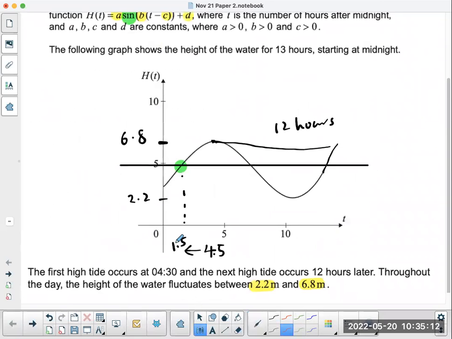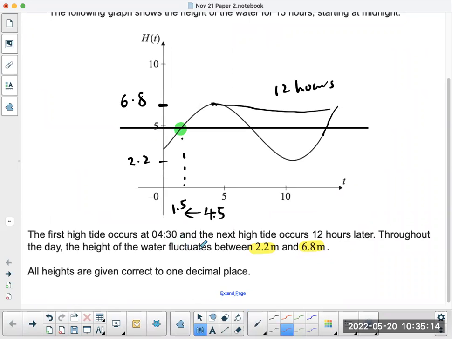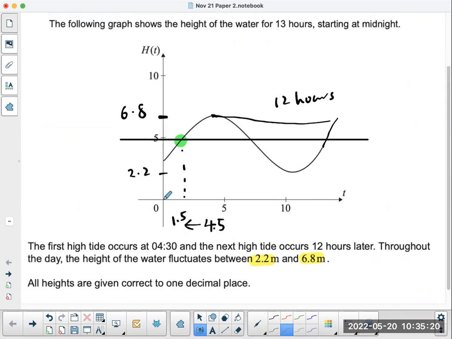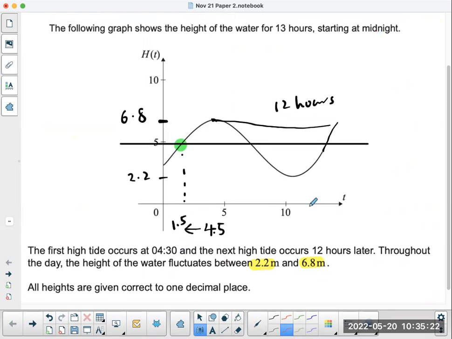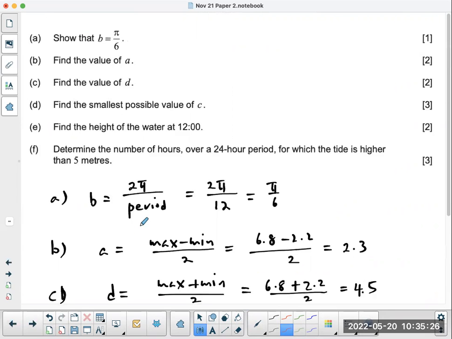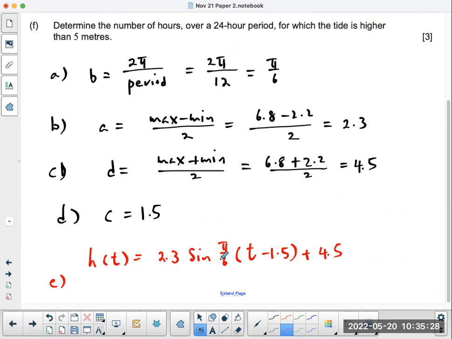Now, the starting point is 0, which is midnight, right? Starting at midnight. So for 12 o'clock, you put 12 into the function. Sub in t equals 12. So you can punch it in the calculator.